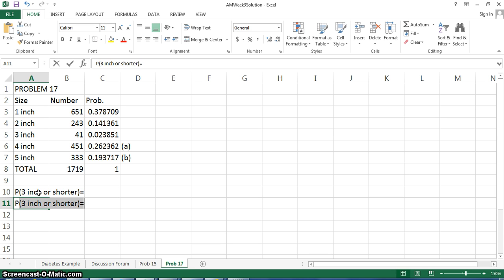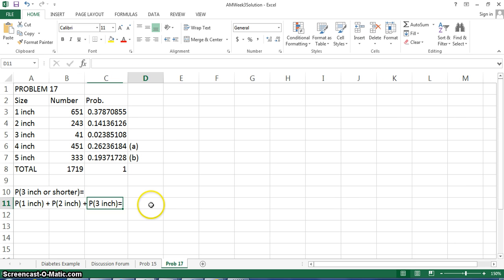Of course, this is the probability of a 1-inch nail, plus the probability of a 2-inch nail, plus the probability of a 3-inch nail. So if we add up these 3 probabilities, we should get the correct answer. It's about 54.4%.